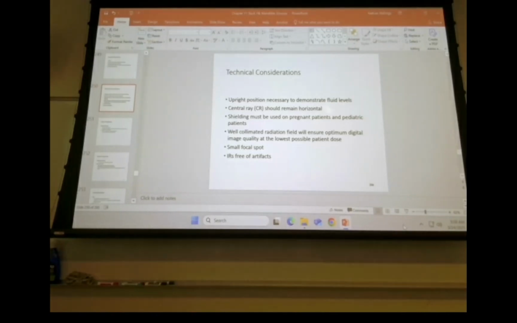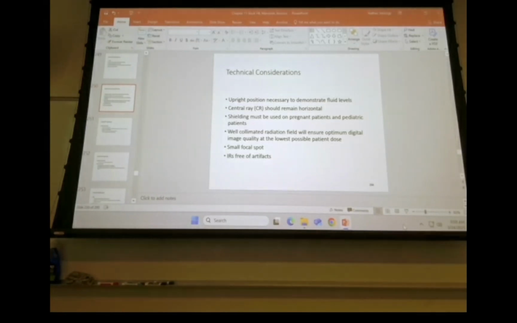So for the test, though, what do you have to have? Horizontal central ray. If you're doing sinuses with somebody and they put a 15-degree caudal angulation on the central ray, is that going to interfere with the diagnosis? Almost certainly not. So don't put yourself at odds with the technologist if they put a 15-degree caudal angulation on a Caldwell for sinuses.